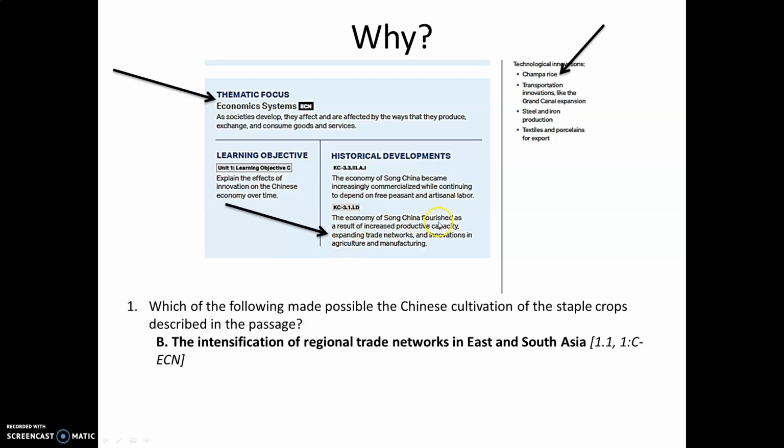The economy of Song China flourished as a result of increased productive capacity, expanding trade networks, and innovations, and so on. Champa rice is a technological innovation. It's an illustrative example, and it's mentioned twice within the passage. So the answer itself is a historical development, but the clues can be found by understanding the different illustrative examples.